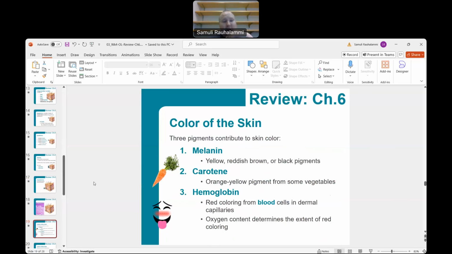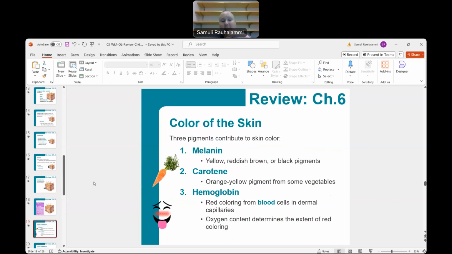In addition, our skin color is also partially determined because we can see through the skin the contribution of the blood and blood vessels underneath. So we can see the reddish undertone through the hemoglobin in the red blood cells, the main component.